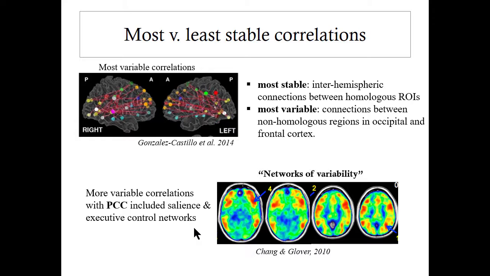And what we found here was that the areas with more variable connection to this PCC included salience and executive control networks, which we thought was interesting because it's been suggested that these networks may exert a modulatory influence over the default mode network.